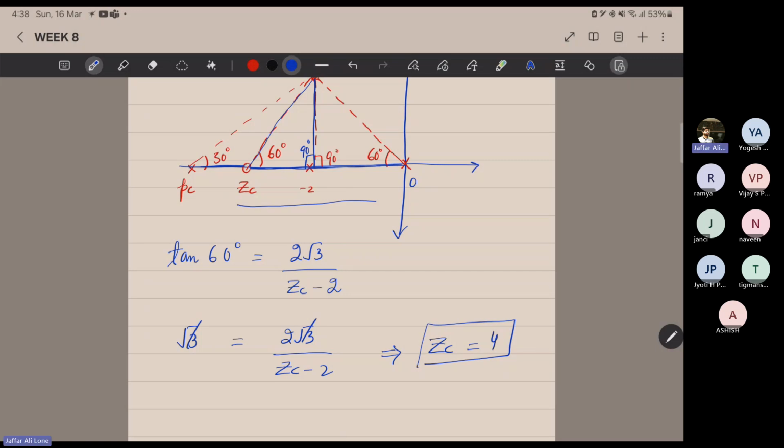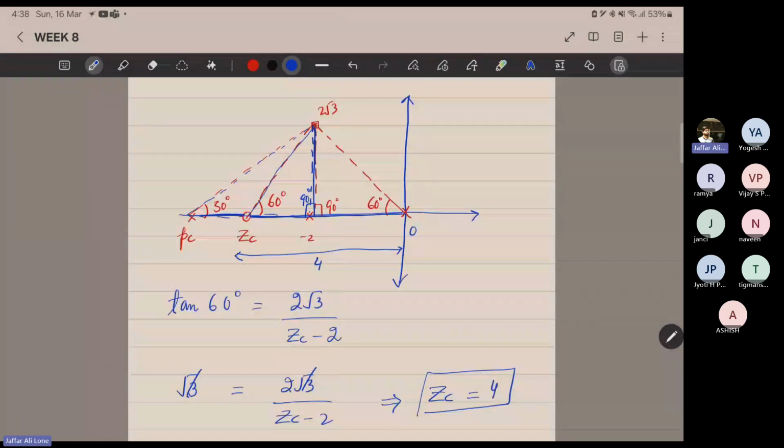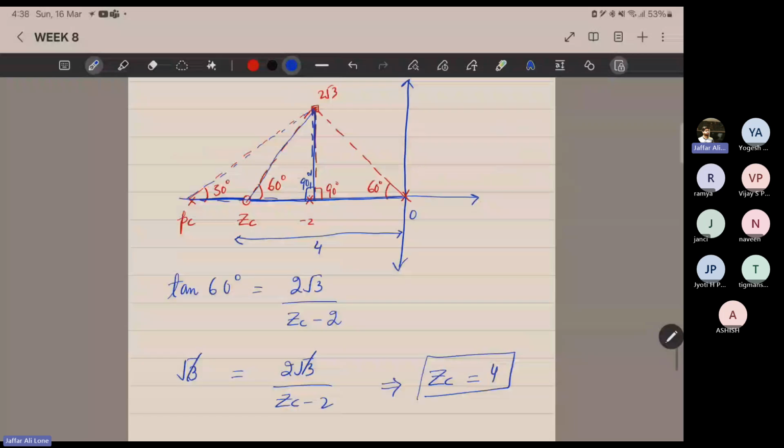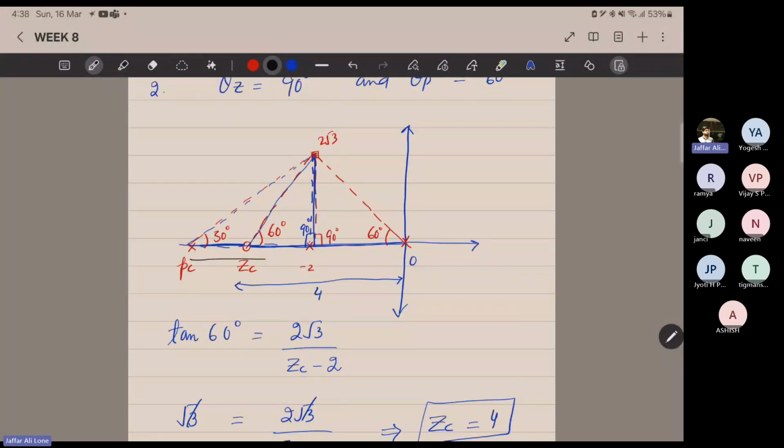Now I need to find PC, right? So again, in this right triangle, I'll write tan of 30. So for PC, tan of 30 is equal to 2 root 3 divided by, let's assume this to be x. So it will be 2 root 3 over x.